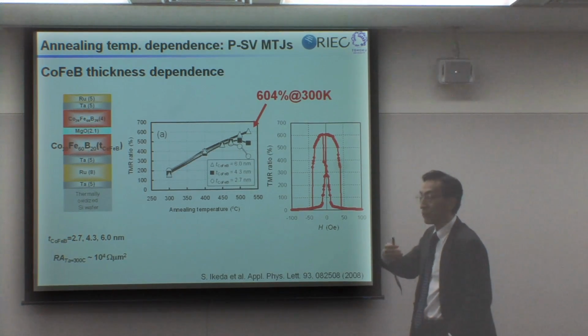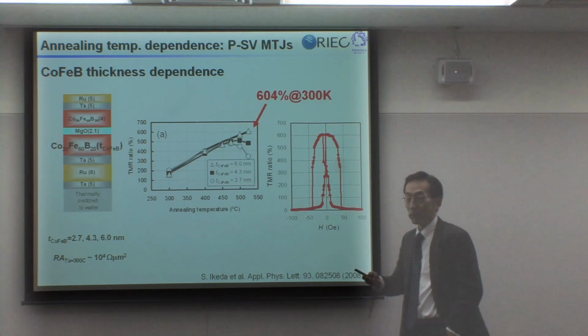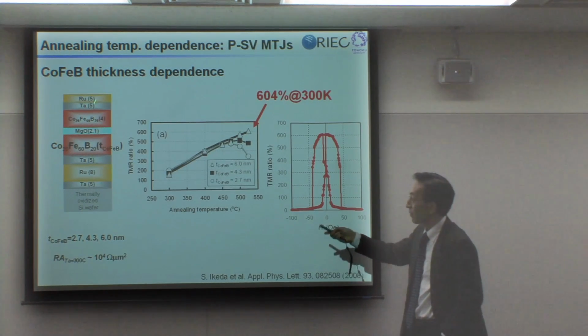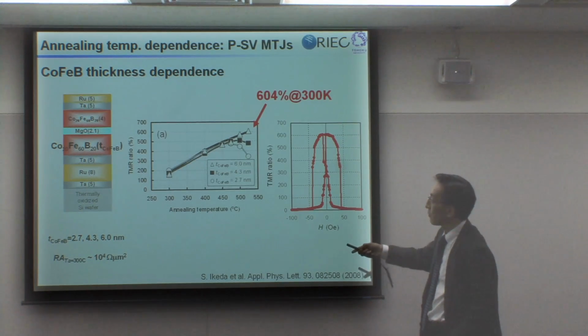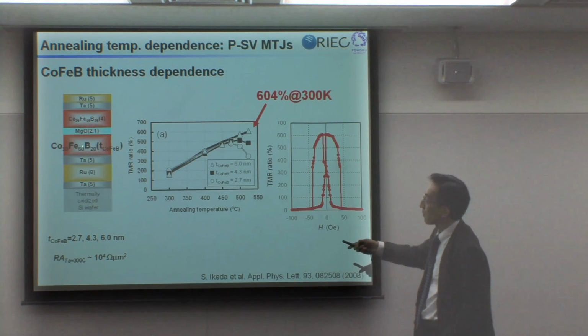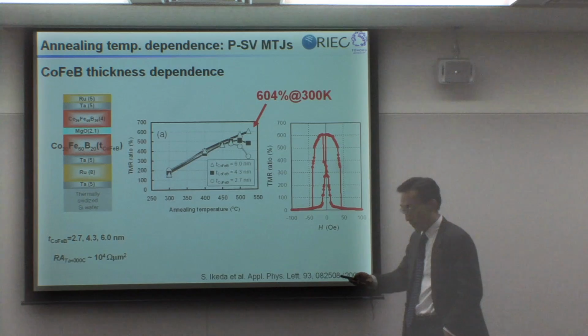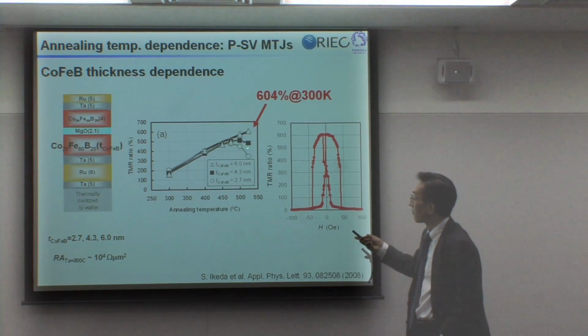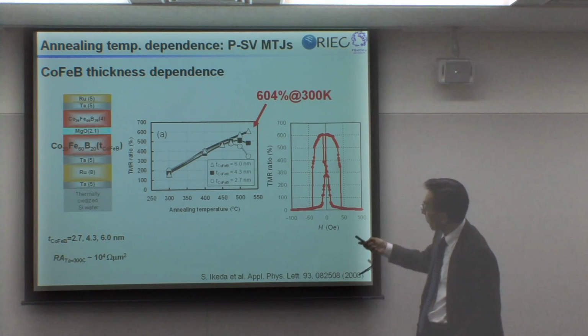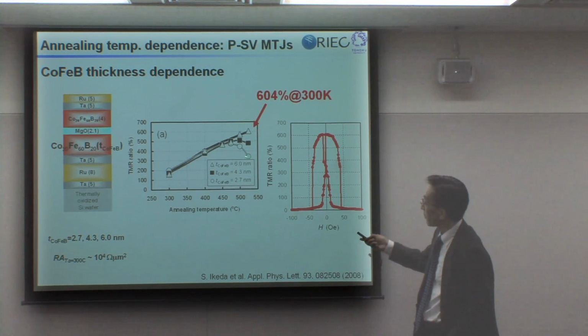There are many diffusions taking place in this rather complex structure, and we need to avoid those diffusions. For example, in this case, tantalum diffusion was shown to be detrimental in getting a high TMR ratio at high temperatures.